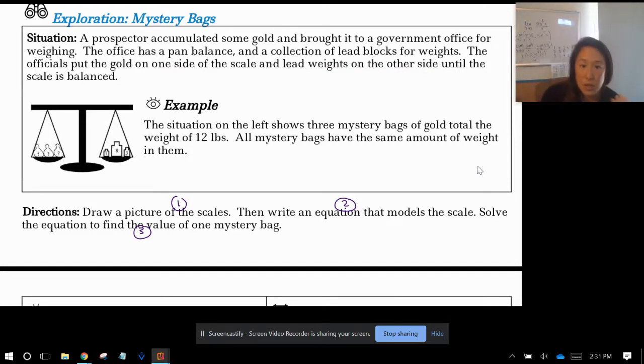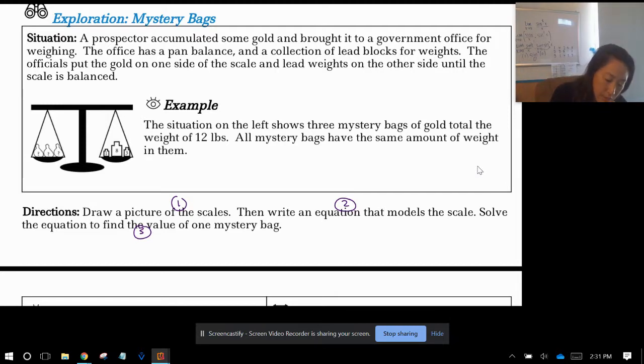So this picture here shows 3 mystery bags. So 1, 2, 3, and then a total of 12 gold weights on the right-hand side. So when they put the 12 gold weights, we balance out the mystery bags. So it's the same weight as the mystery bags, basically.